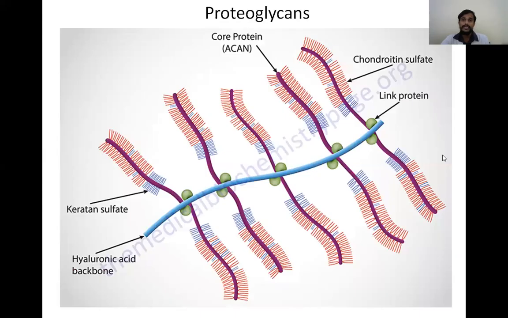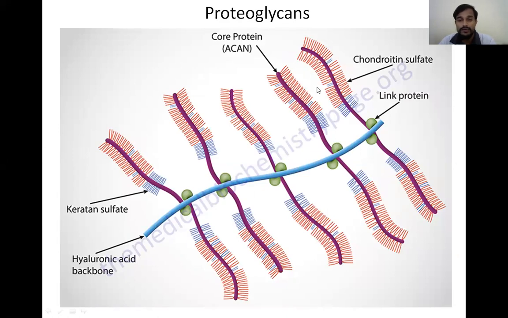So coming to the individual components, we will see about the individual components. The first one is proteoglycans. We know proteoglycans is a complex formed from core protein and glycosaminoglycans. So in this picture, you can see this is the core protein, and the core protein is bound to the glycosaminoglycans.